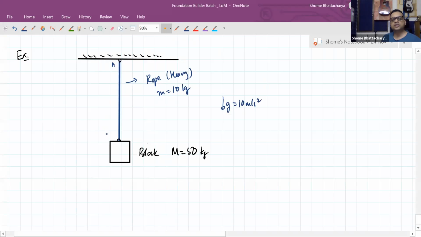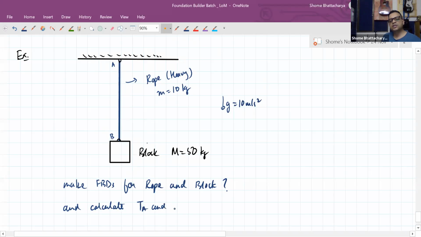So this end of the rope is A and this end of the rope is B. Make free body diagrams for the rope and block and calculate TA and TB, that is the tensions at the two ends of the rope.